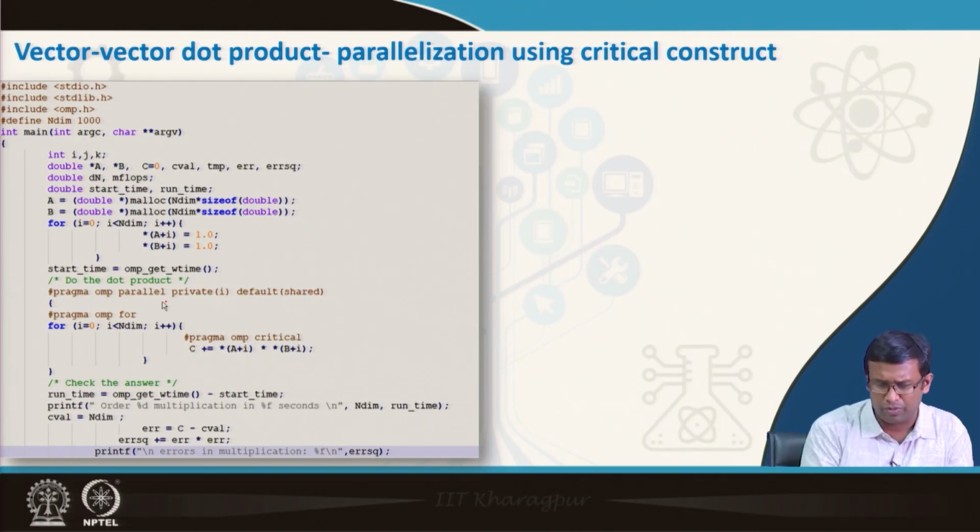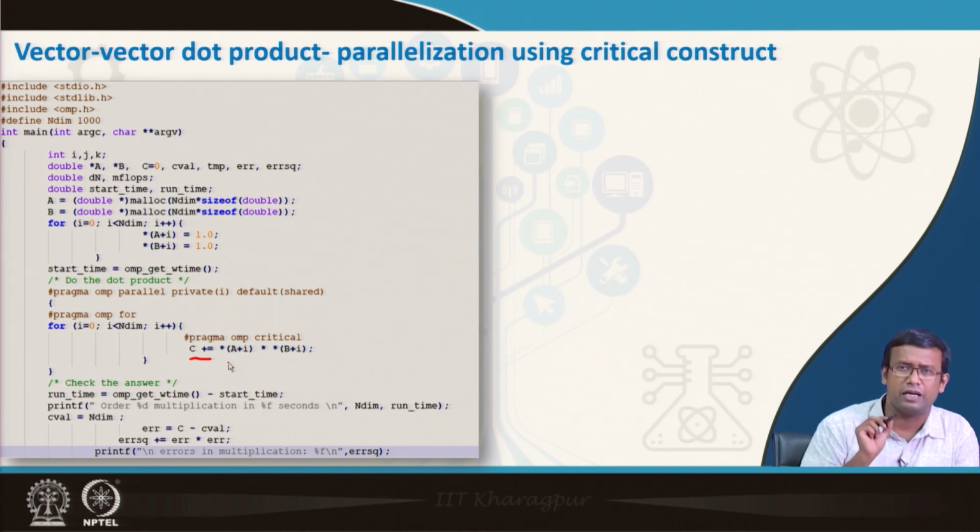Here the parallel for loop is launched separately, though you can do it otherwise also, and when we are updating the variable c, we put pragma omp critical. So, each thread can execute this particular operation serially.